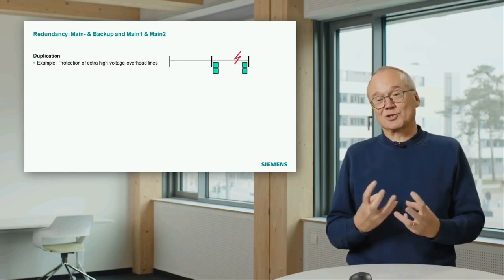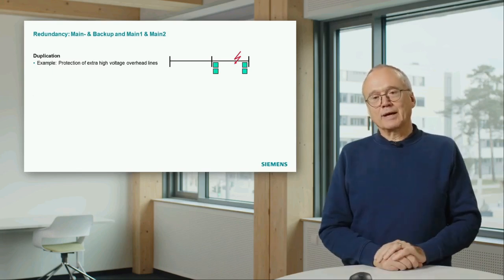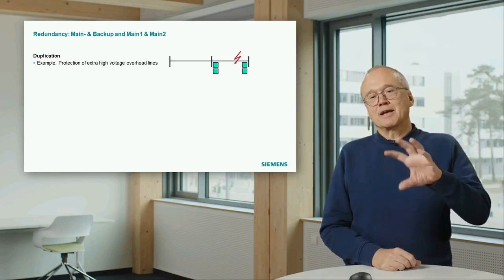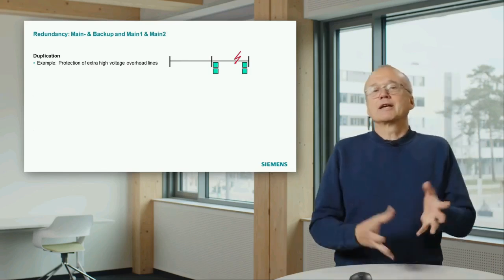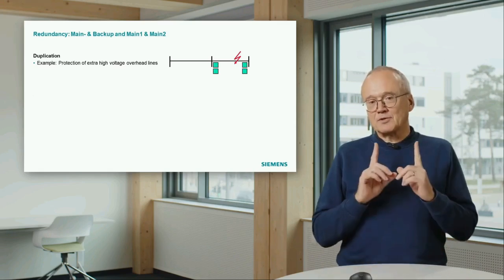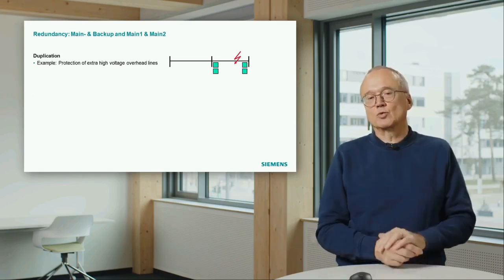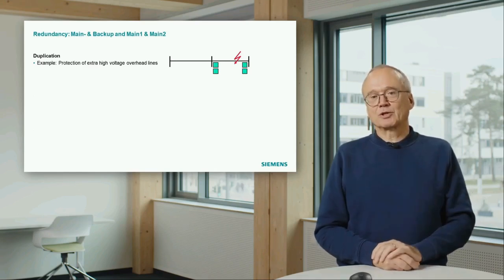That gives also some redundancy, but that is not what is required here, because if distance and line differential are in one box, if this box fails, there's nothing left. That means if you have a main 1 and main 2 concept, you need really two separate relays.